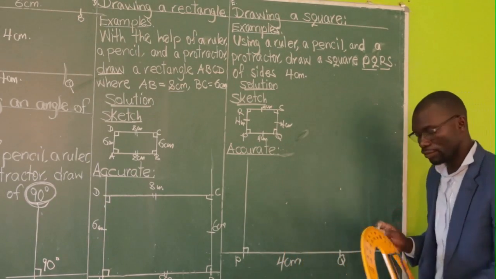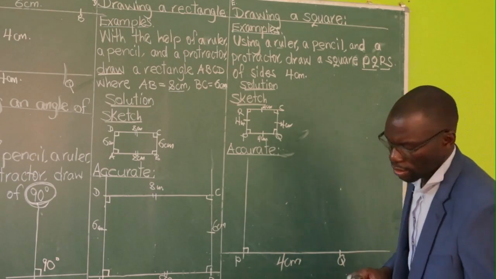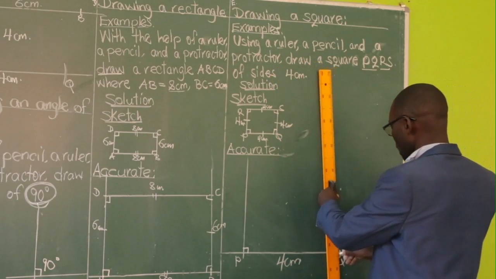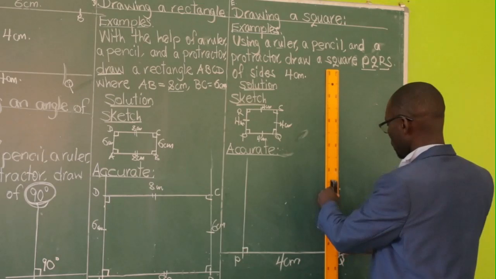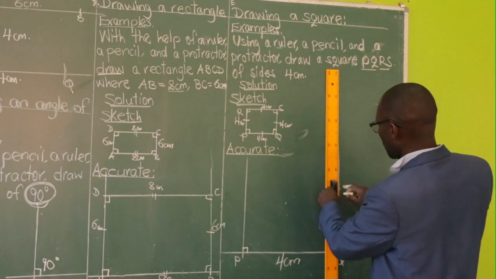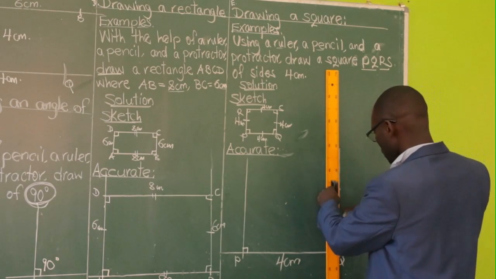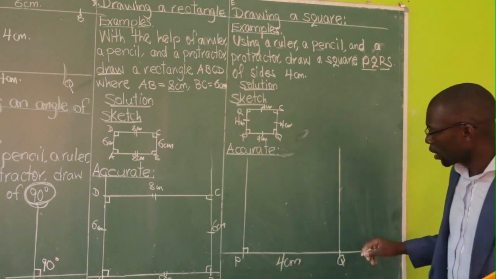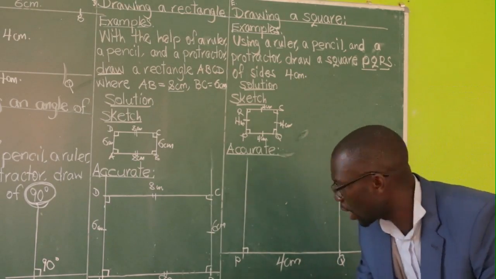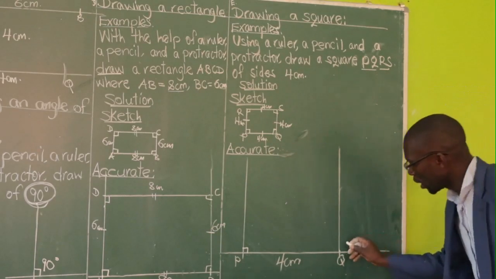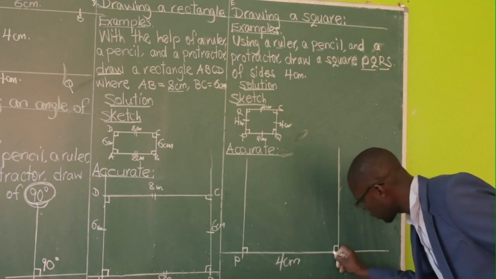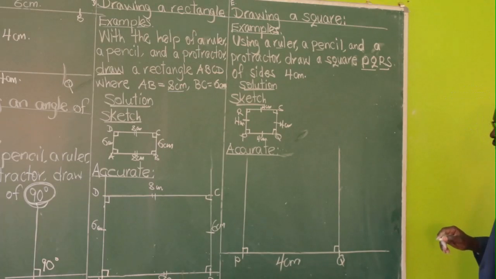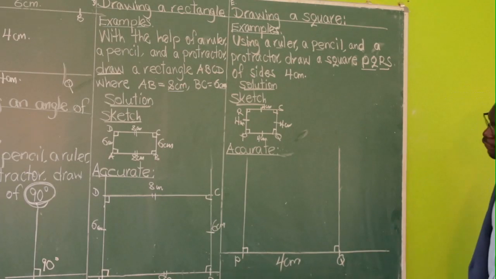And our 90 is there. Having put the angle of 90, we have to put the symbol of 90 degrees. And then our accurate square is not yet complete.